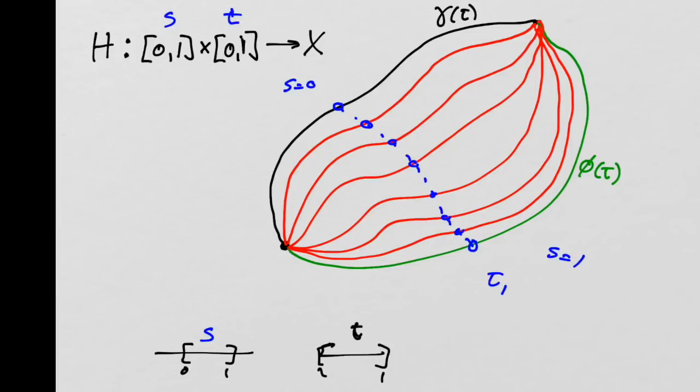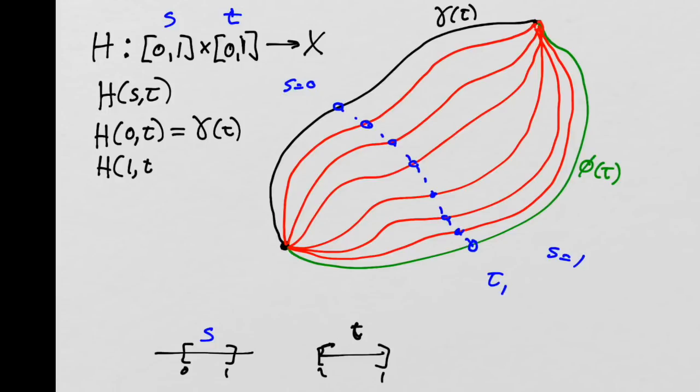So S really selects the curve. So now when I look at H, it takes two parameters, S and T, and it's got to be such that H of 0 of T equals gamma of T, and H of 1 of T equals phi of T. Now, phi and gamma already have their rules enforced, where we know that phi of 0 equals gamma of 0, and phi of 1 equals gamma of 1.